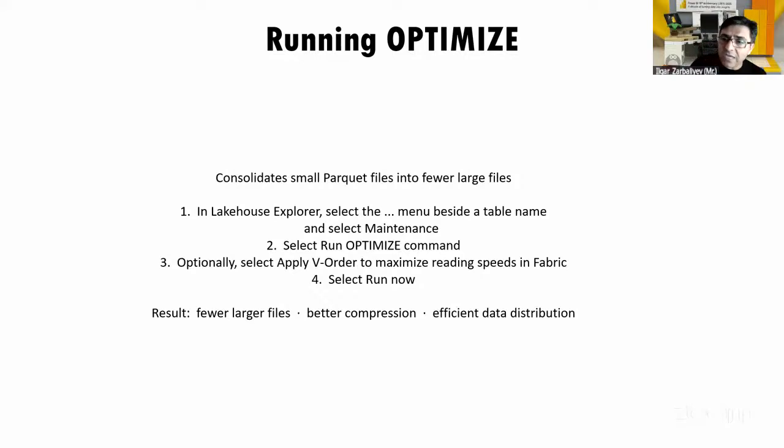At this point, you can optionally select Apply V-Order to maximize reading speeds in Fabric. And we'll talk about V-Order on the very next slide. Finally, select Run Now. So it's a handful of clicks, and it's the kind of thing that's well worth scheduling as part of a regular maintenance routine on your busiest tables.